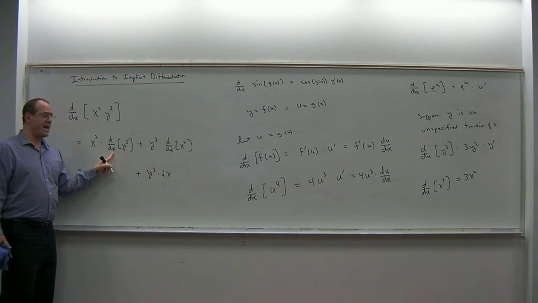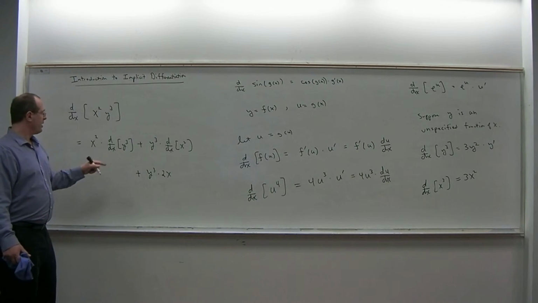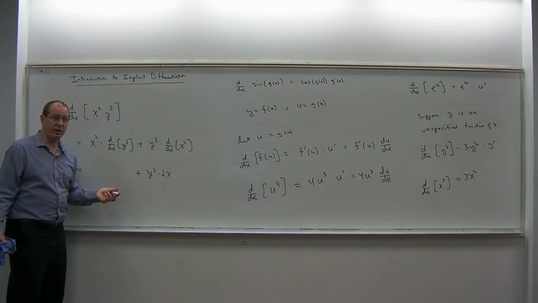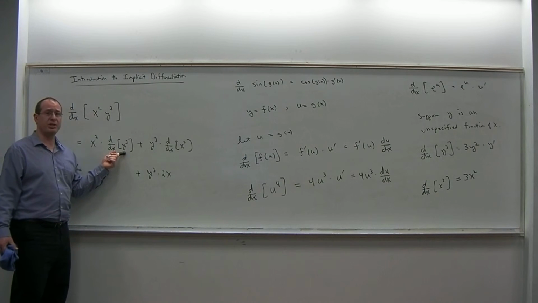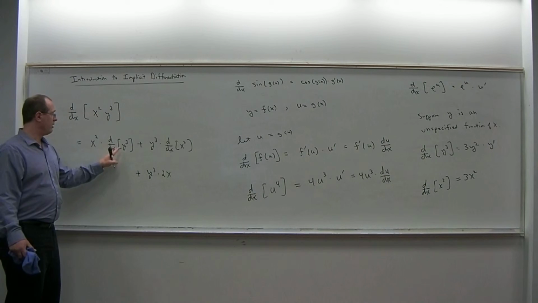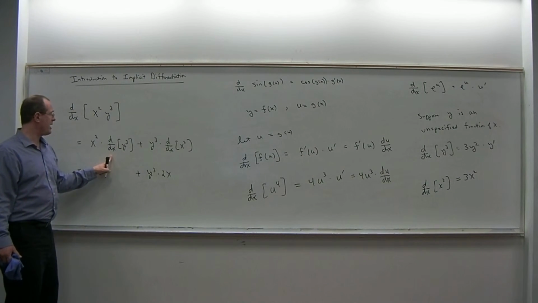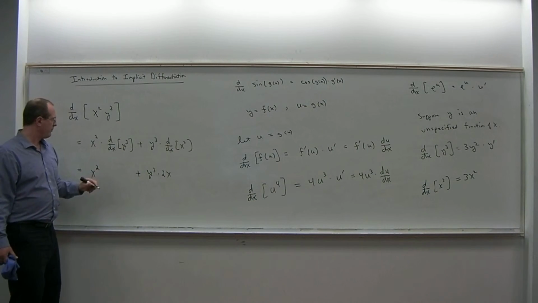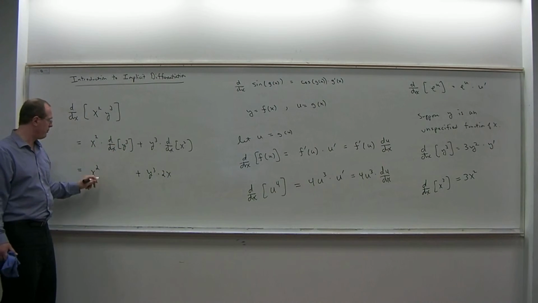Here, y, x, those letters don't match, so we have to ask ourselves, well, what is y? If y is independent of x, then we can treat this as a constant and say the derivative is 0. But in implicit differentiation, we're making the assumption that y is some unspecified function of x. If y is an unspecified function of x, then the derivative with respect to x requires the chain rule for y cubed, because the y is inside of the cube function.